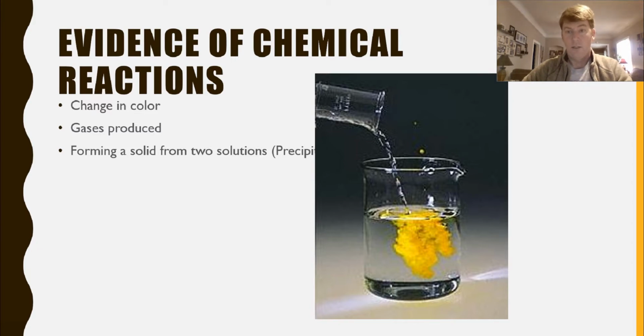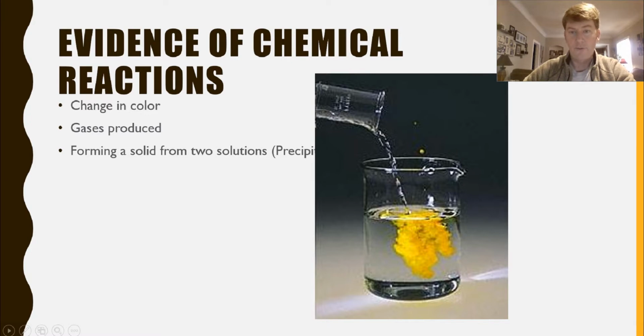As the iodide ions meet up with the lead(II) ions, they lock together and water can't pull them apart. We would say they are insoluble now. And when that happens from two solutions, we make a solid out of it. We call that solid the precipitate. So this example here has a yellow precipitate.